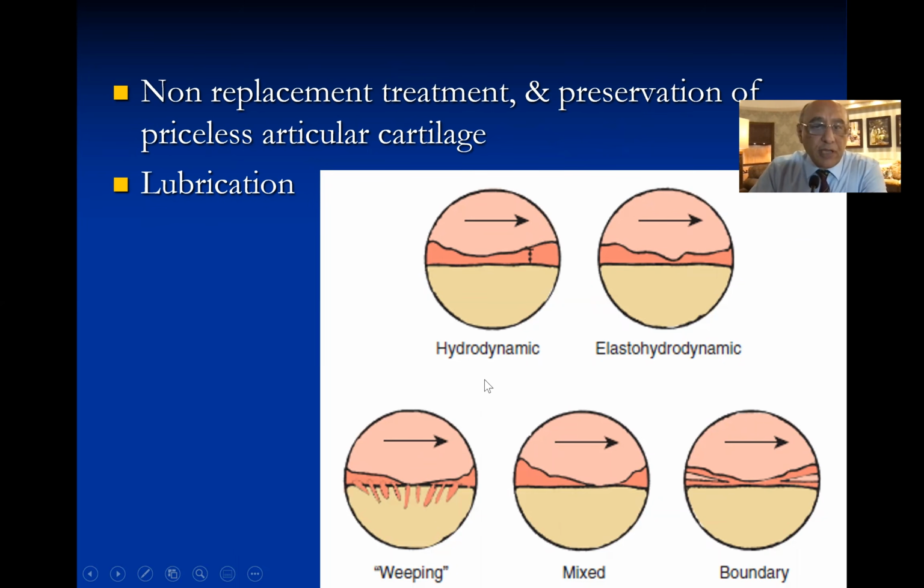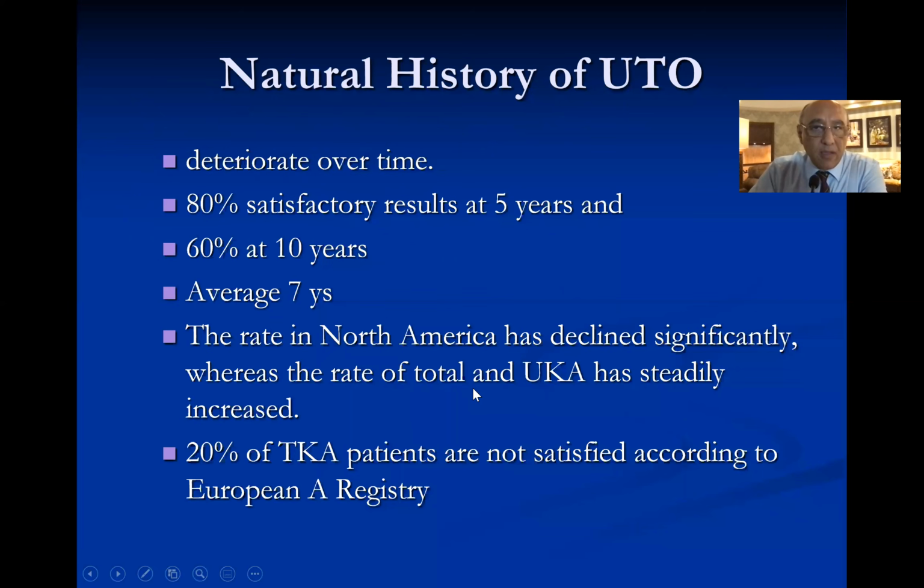We know from the lubrication mechanisms that the nutrition and health of cartilage depend on slight pressure and movement, which lubricate and nourish the cartilage. Overpressure or overload over the cartilage interrupts this dynamic lubrication and leads to degeneration of the cartilage.